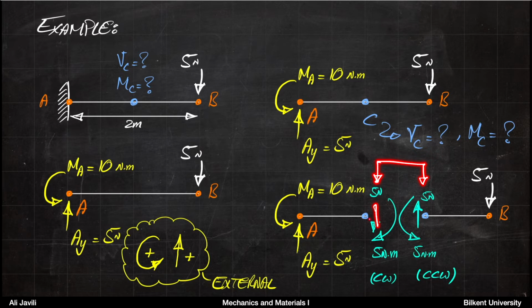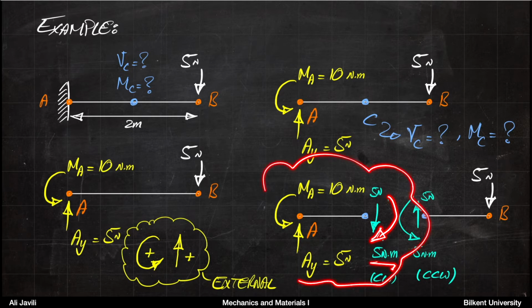So these two forces are internal action-reaction forces, and of course they should always be in equilibrium, so they cancel each other. The same holds for moment. The moment at C should be clockwise, again 5 Newton meter, to keep this system in static equilibrium.